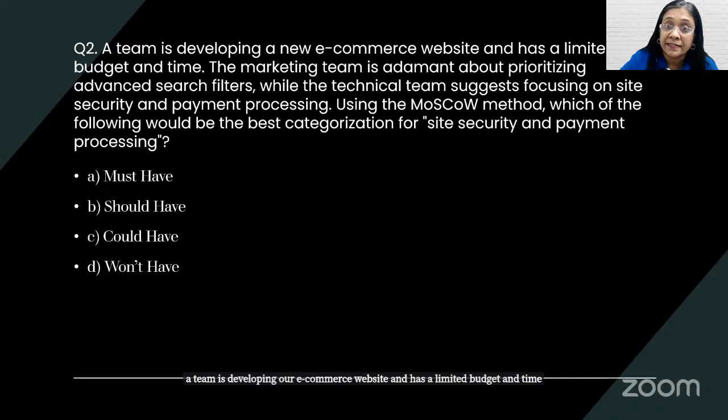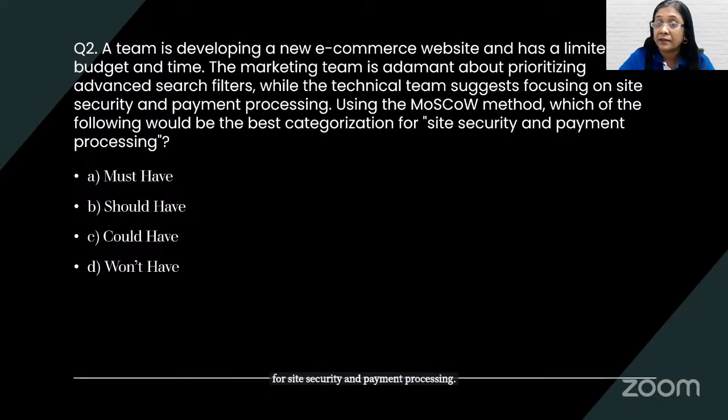The marketing team is adamant about prioritizing advanced search filters, while the technical team suggests focusing on site security and payment processing. Using Moscow method, what do you feel is the best categorization for site security and payment processing?